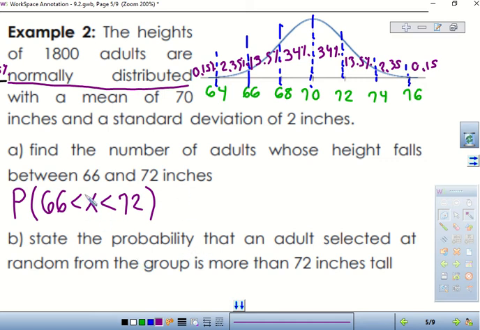So x represents the adult falling between 66 and 72. And that's equal to, we add up the percentages between those two values. So 13.5 plus 34 plus 34.